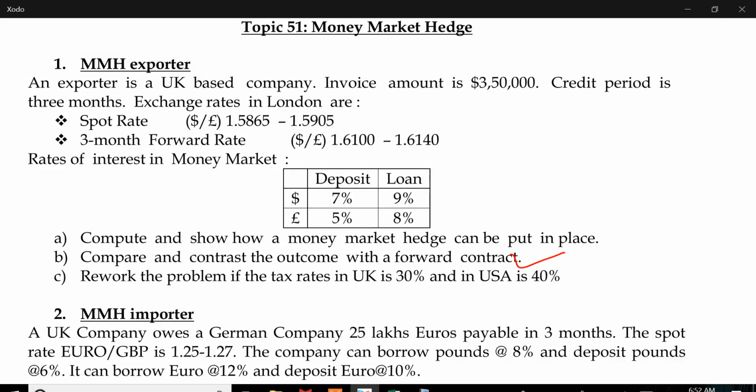It will take a forward contract to sell dollars in future.